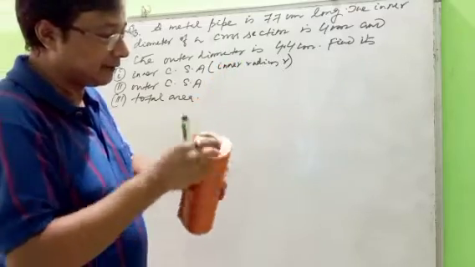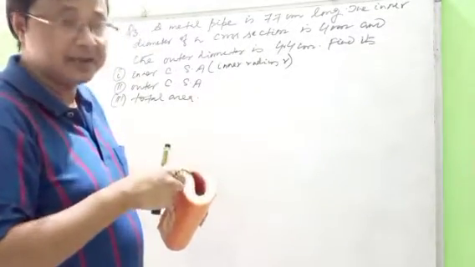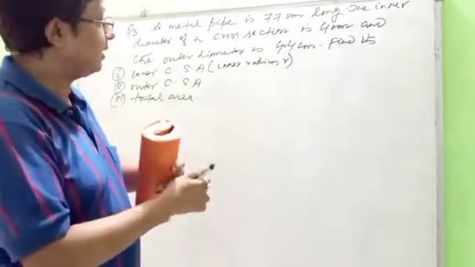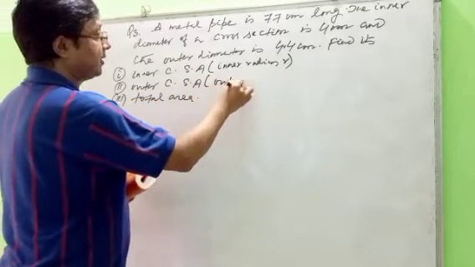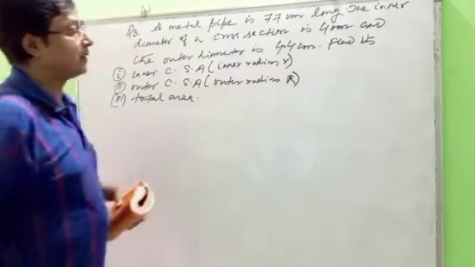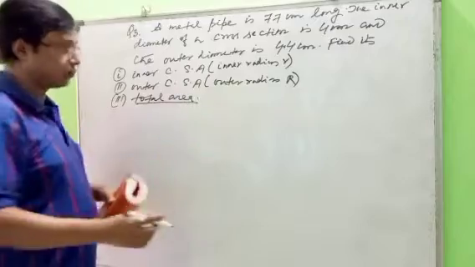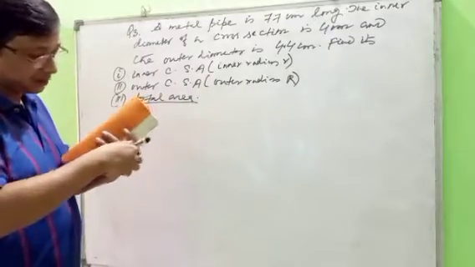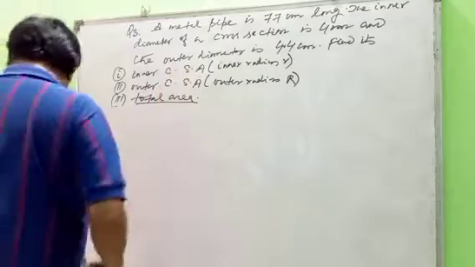So here the diameter is going to be the outer one. That is why you are going to use the outer radius. So the outer radius, it is going to be denoted by capital R. And to get the total area, so total area of this pipe will be coming after doing these two.